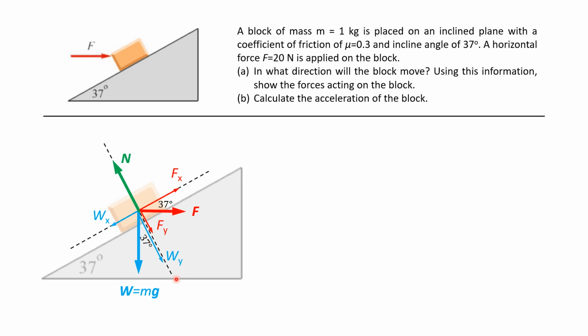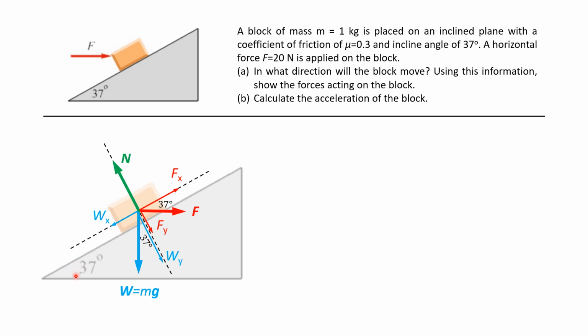I'm going to identify the components of the forces that are not along the x or y lines. There are two such forces, F and W. The normal force is along the y axis, so I don't have to worry about it.